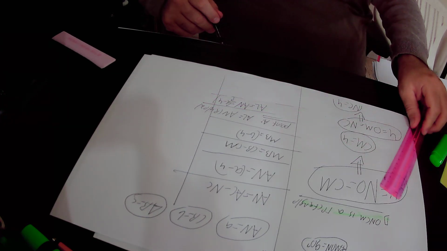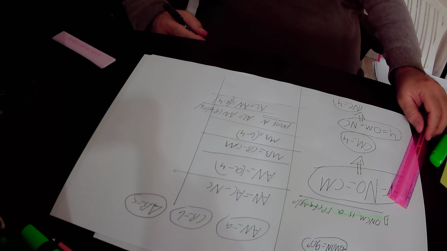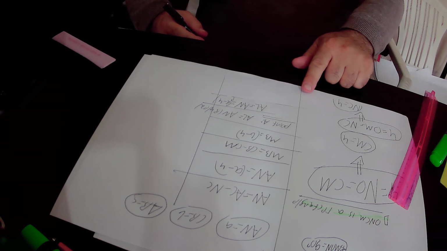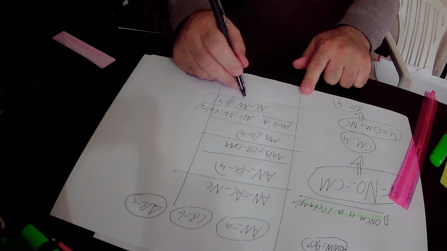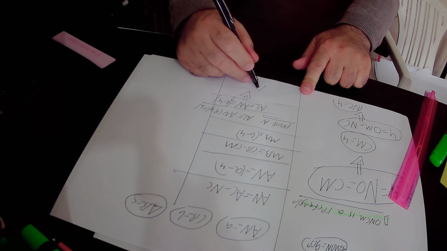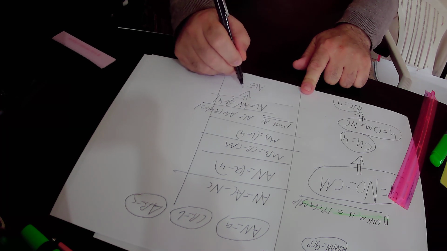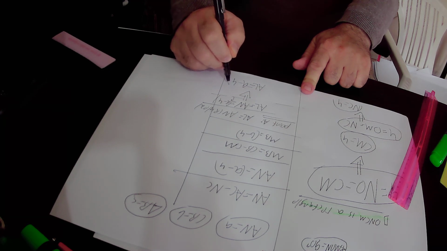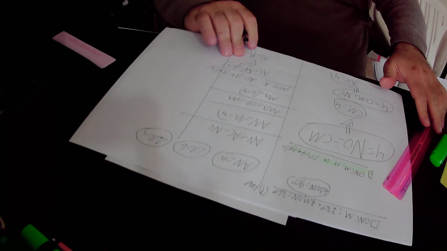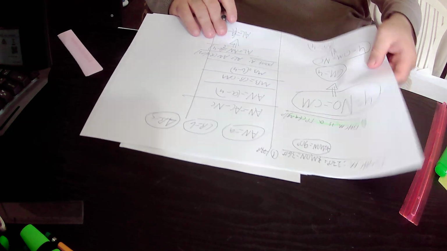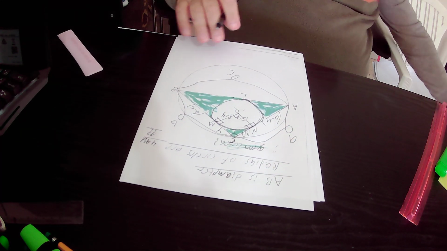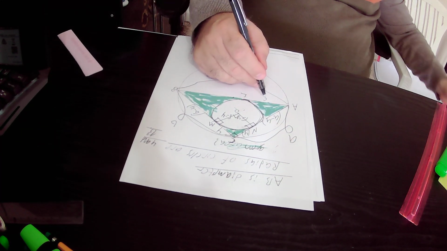And from this equation, AL equals AN equals A minus 4, we will derive that AL is also equal to A minus 4.